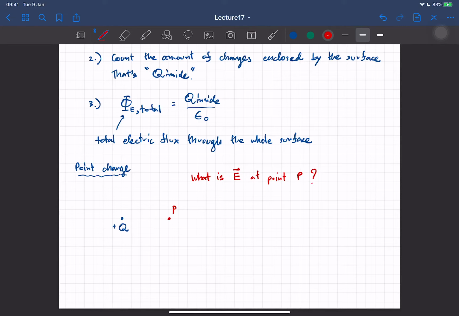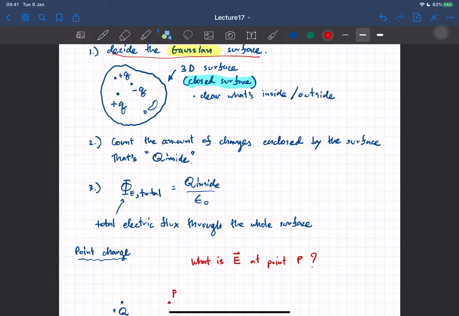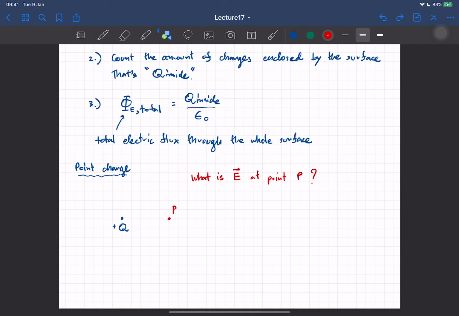And we kind of know already what it is. All right, so let's pretend we don't. So we want to apply Gauss's law to this. So how do we use that? Well, first, remember, we need to decide what kind of Gaussian surface we use. We need to decide the shape of the surface that we're going to use for the calculation. Now, what shape you decide to use depends on the symmetry of the problem.